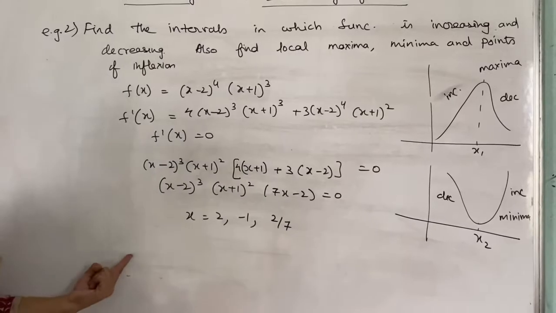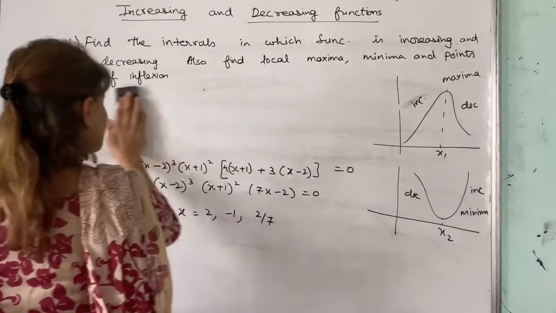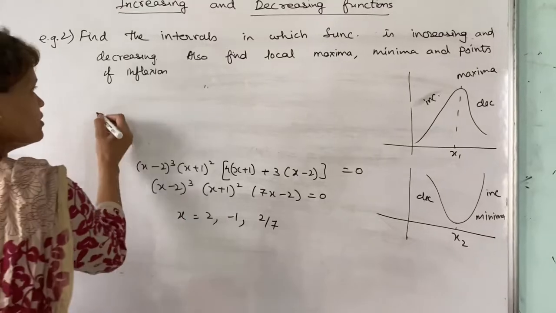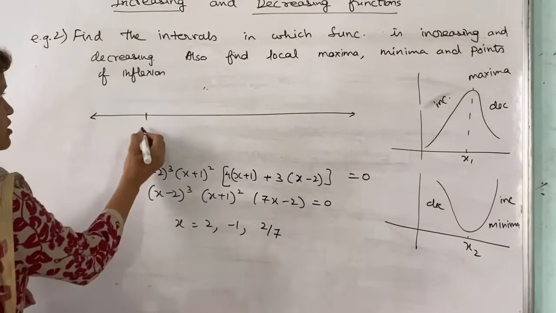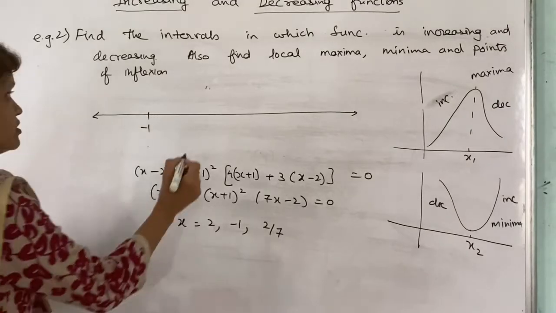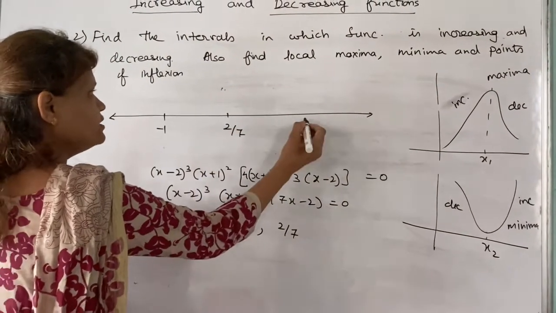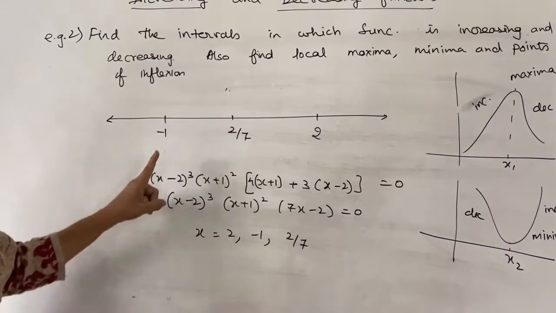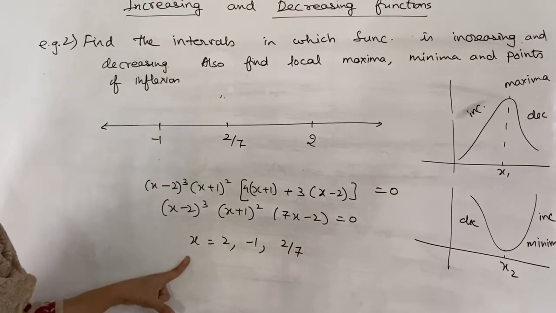Then we are again going to show these points on the number line. So -1 will go to the extreme left, then 2 by 7 and then 2. So you have to show just the points, whatever you got.